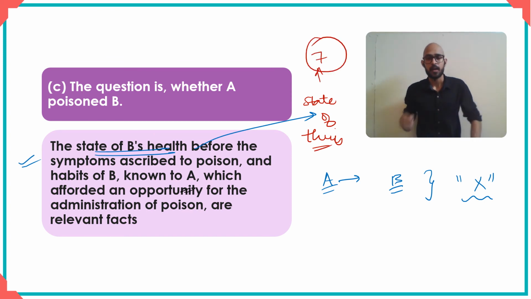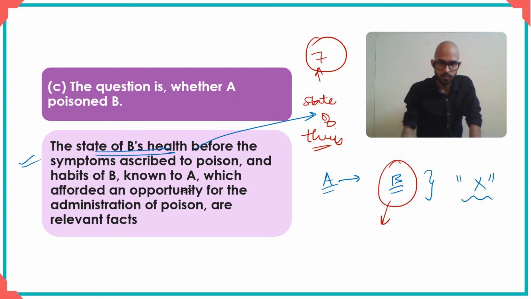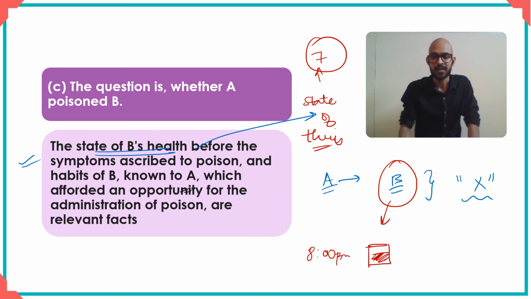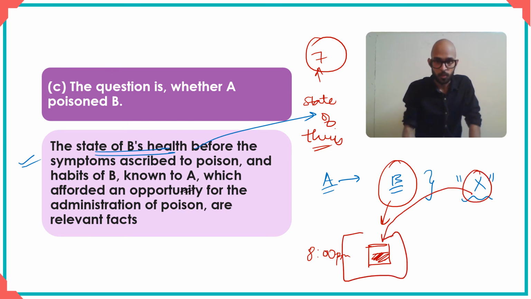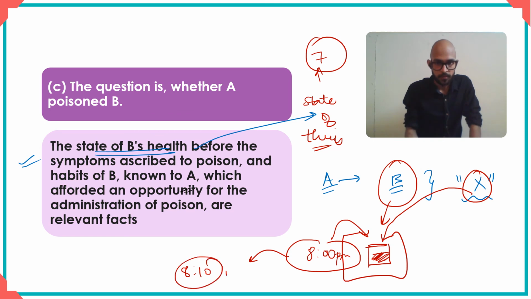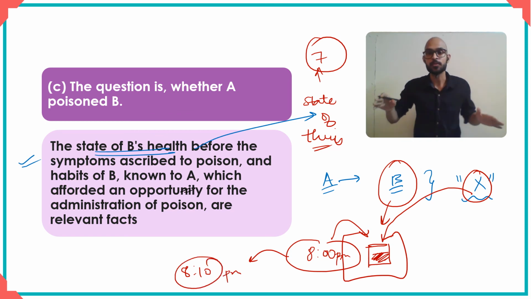Another thing, he knew about the habit of B. Let us say he knew that B has a habit at 8 p.m. every day. He has a glass of something, and he knows that this X can be put into that glass, because B keeps the glass open at 8 o'clock, then goes for a walk until 8:10 p.m., and for those 10 minutes nobody's looking at the glass.